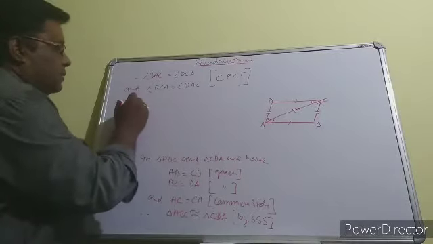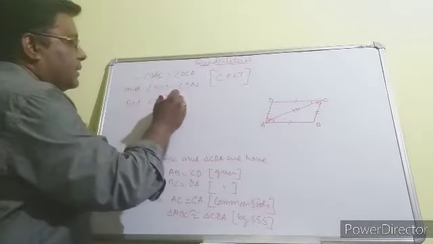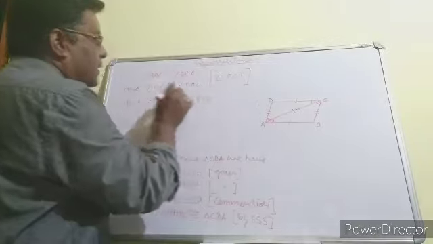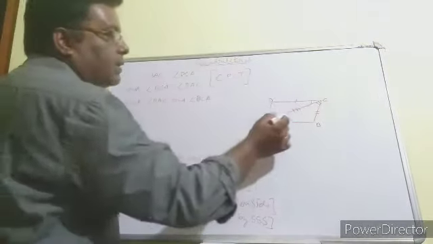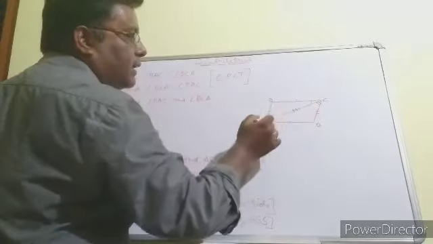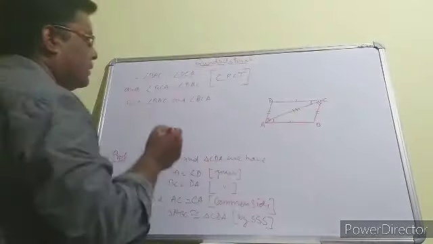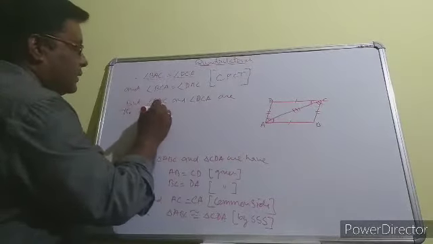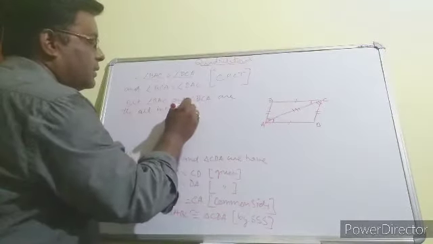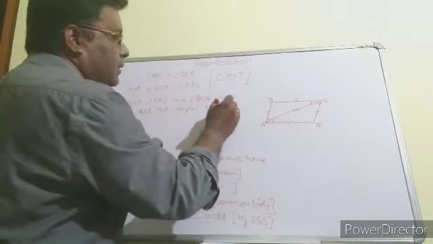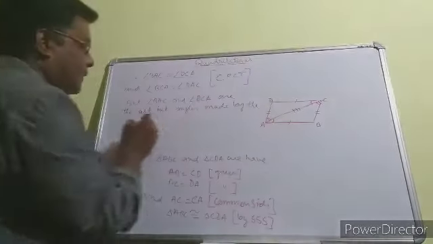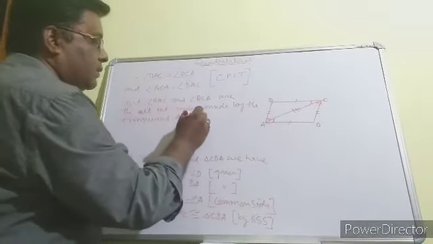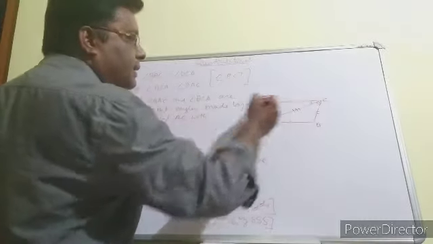But angle BAC and angle DCA, these two angles, are the alternate interior angles made by the transversal AC with AB and CD.